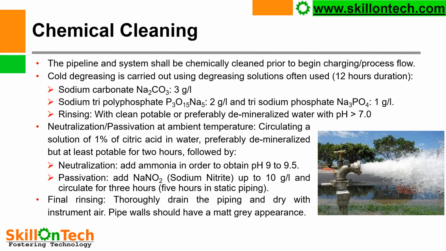Add ammonia in order to obtain pH 9 to 9.5. Passivation: add NaNO2, sodium nitrite, up to 10 gram per liter and circulate for 3 hours, 5 hours in static piping. Final rinsing: thoroughly drain the piping and dry with instrument air. The pipe wall shall have a matte grey appearance.